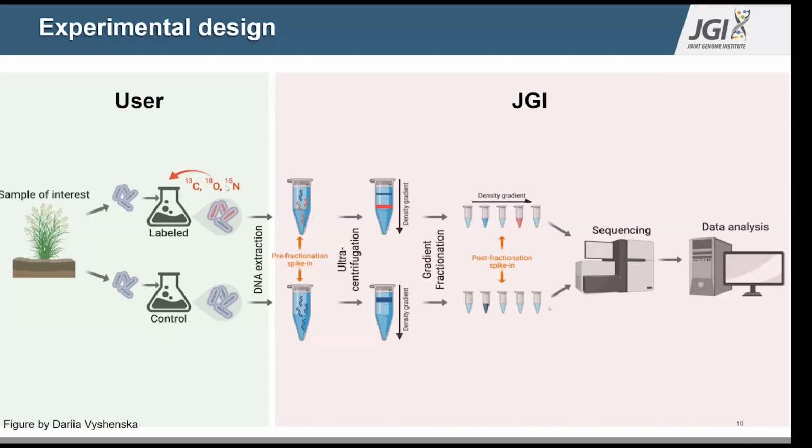So this is glucose with carbon-13. And then given enough time in that incubation, the microbes in the isotopically labeled media will start to incorporate that into their DNA. And then the user will do DNA extraction and send that to JGI.